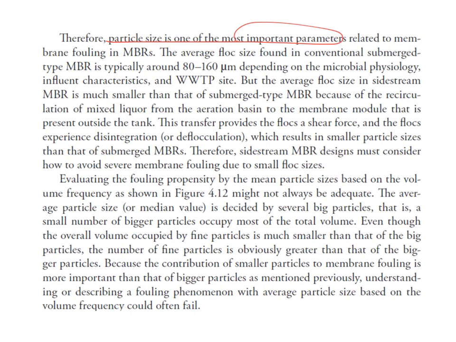The average floc size in conventional MBR ranges from 80 to 160 micrometer. Of course, it depends on the microbial physiology, influent characteristics and the site of the treatment plant. But the average particle floc size in the side-stream MBR, which is not conventional, is smaller. Conventional MBR is submerged MBR, but side-stream MBR has smaller particles because of the recirculation of mixed liquor.